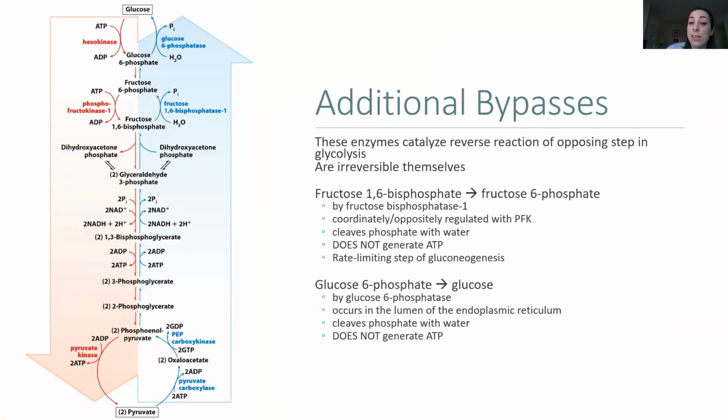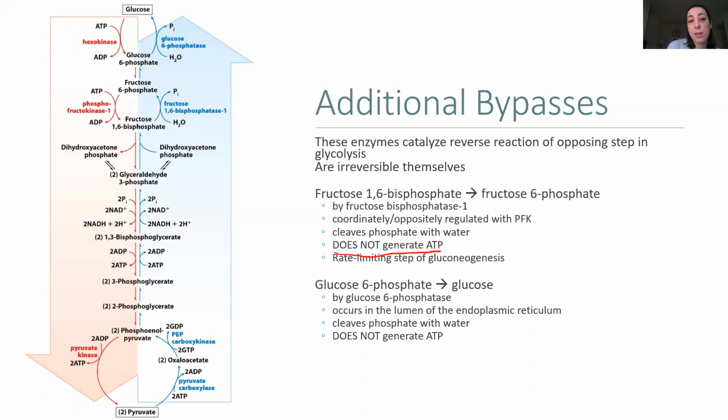So again, our additional enzymes that are important to the gluconeogenesis after we generate PEP are going to be fructose 1,6 bisphosphatase 1, which is going to take fructose 1,6 bisphosphate and make it into fructose 6 phosphate. This is not going to generate ATP as its opposite does.